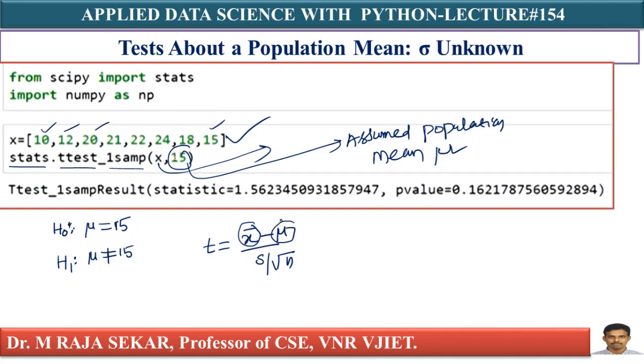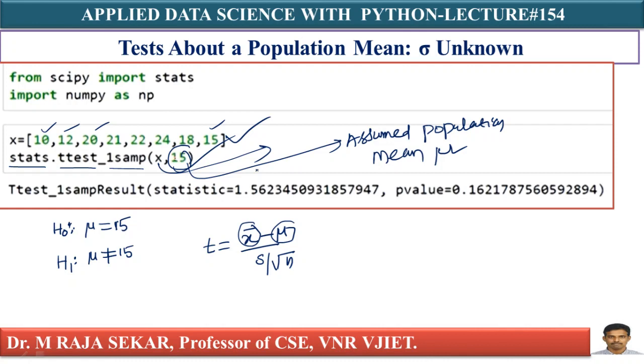We already supplied mu equal to 15. The sample standard deviation, from this particular sample, this function itself will calculate. n is the sample size. Once you run this code, it will calculate the t value, isn't it?